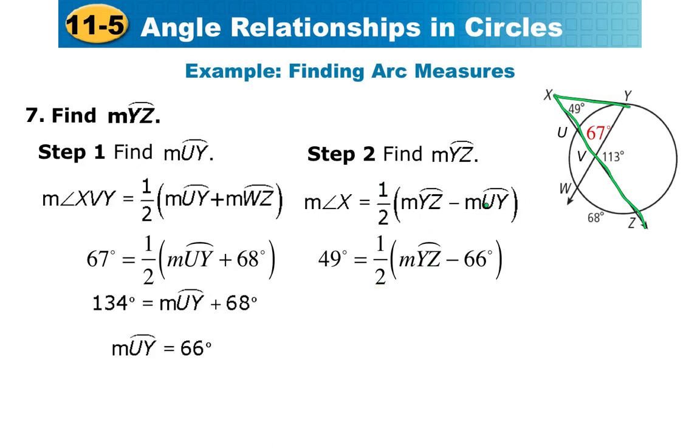I bring down the 1/2. I found out that this is 66 from step 1. At this point, just like on the previous step, I multiply both sides by 2. This is how I get 98. And then solve for the measurement of YZ by adding 66 to both sides. And this is my answer. The measurement of YZ is equal to 164 degrees.